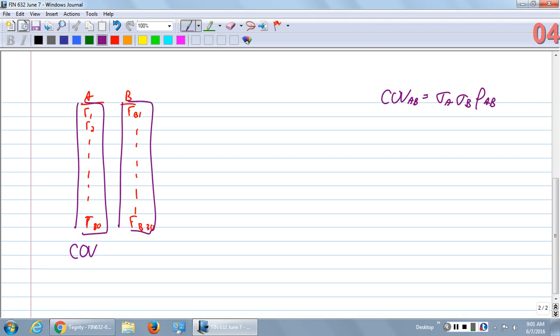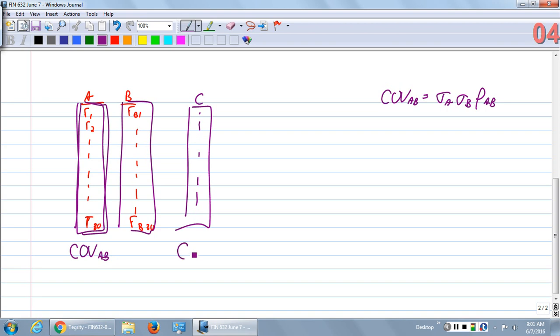If I've got 3 assets, I need to do the same thing now for asset C. So I would need to put another function in and say, okay, now highlight column A and column C, and give me the covariance between A and C. And then I would also need to do another step if I needed to know the covariance of asset B and asset C. I highlight one column, I highlight the other column, and I get the covariance.